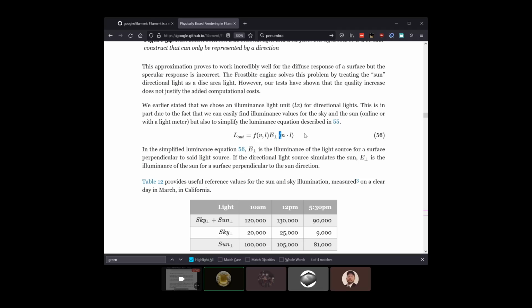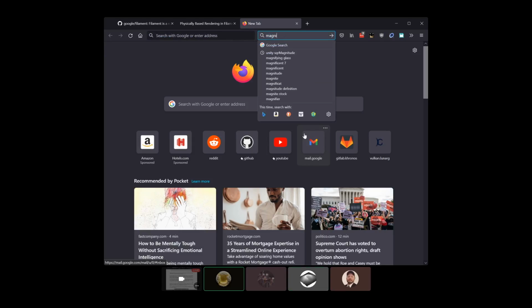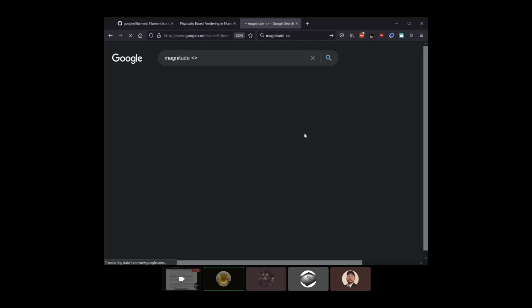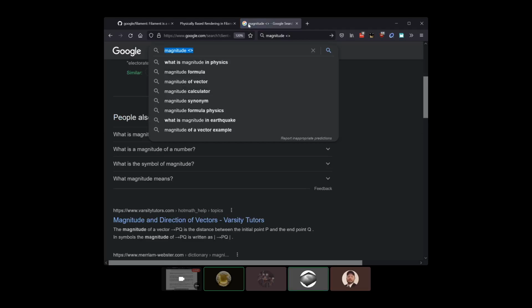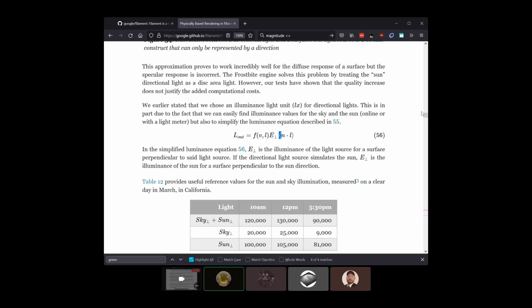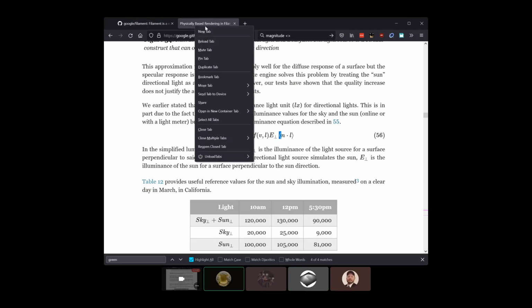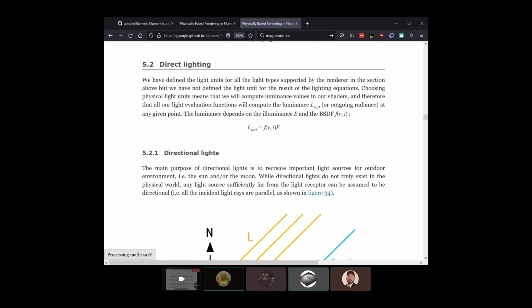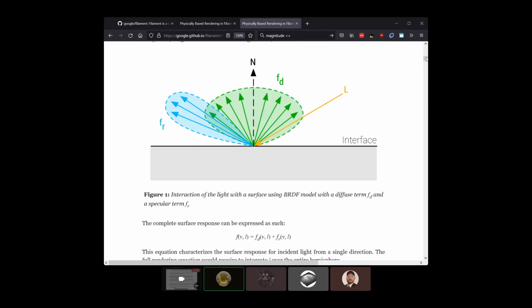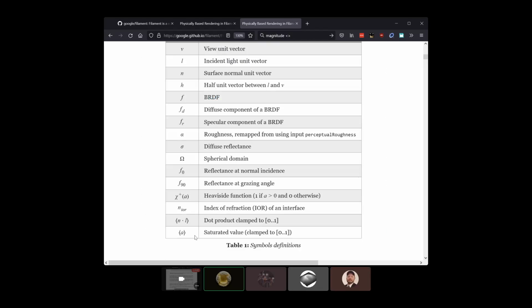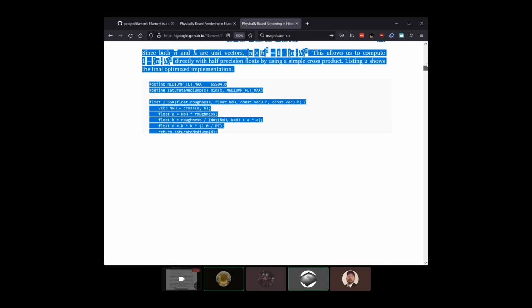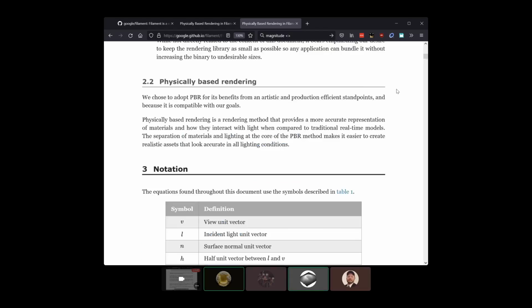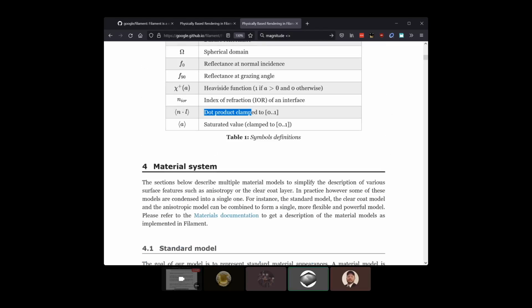I have to look at the formula. Dot product clamps to a range 0 to 1. It's up at the top of it, I think. It's still loading. So dot product. Yeah. Okay.